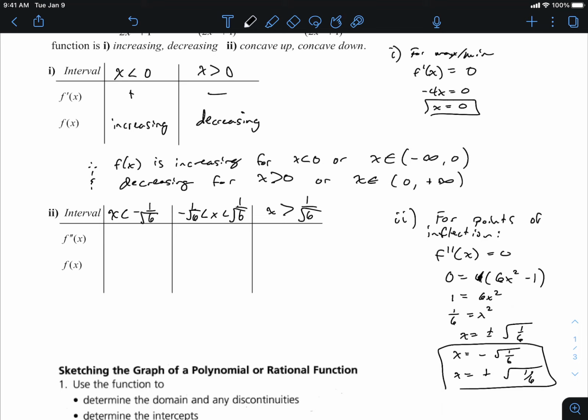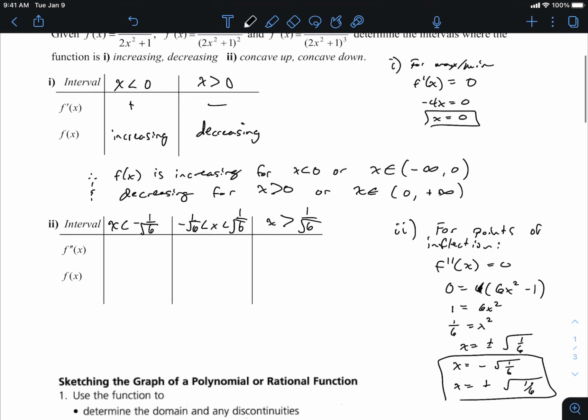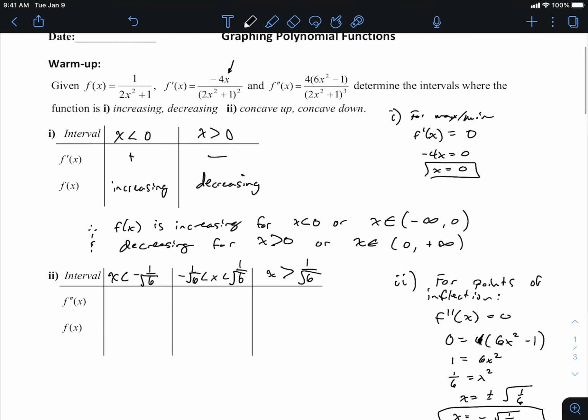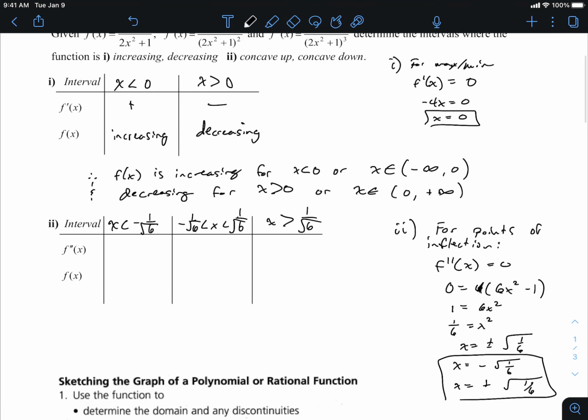So if I were to plug in a value to the left of negative 1 over root 6 into the second derivative function, then we would see that our second derivative comes out positive, which would indicate that the original function would have been concave up.